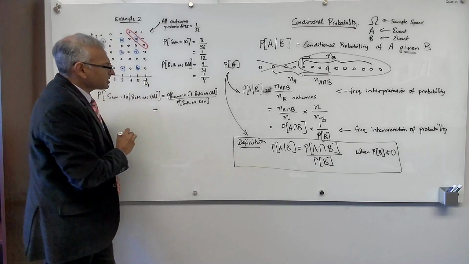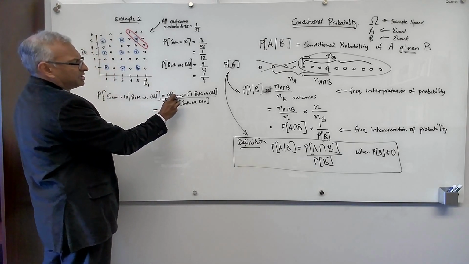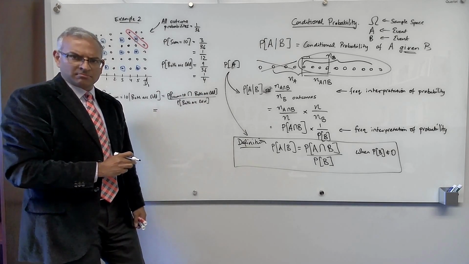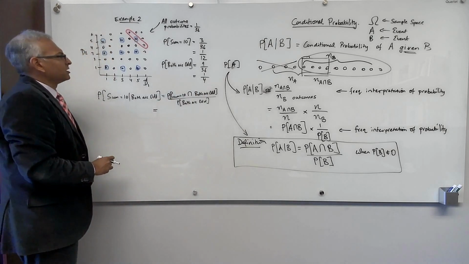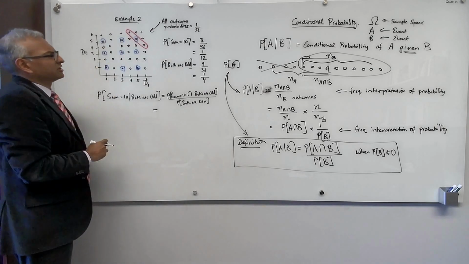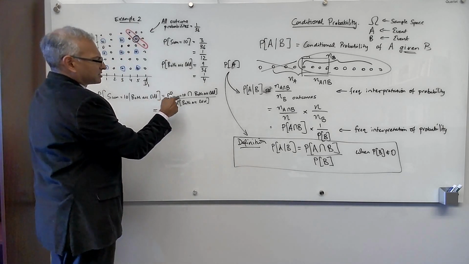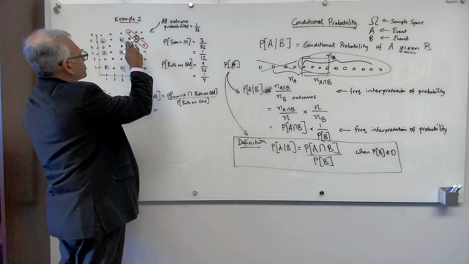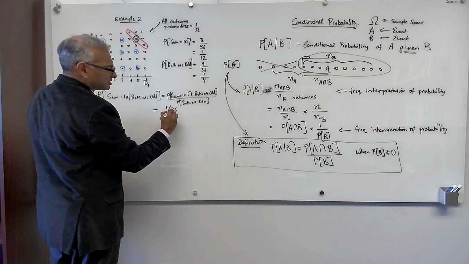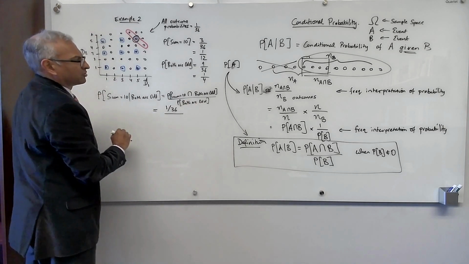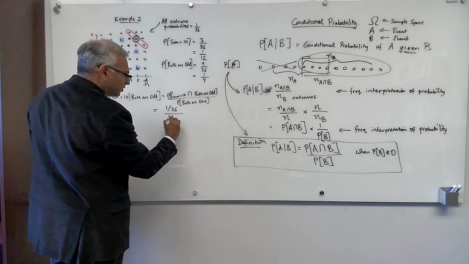Now we need the intersection of the sum being 10 and both being odd. We need to look at the intersection of these two sets, and there's only one outcome here. So the probability that the sum is 10 given that both are odd is just 1 over 36 divided by the probability that both are odd, which is 1 over 4.